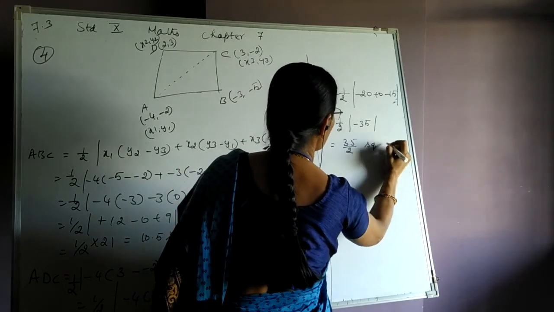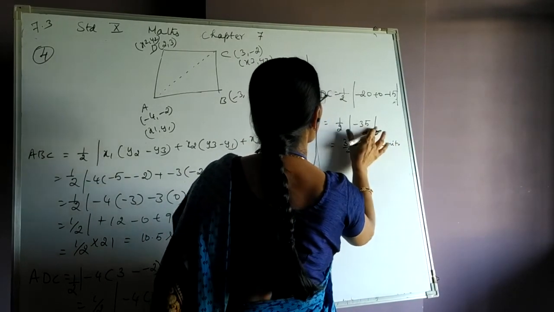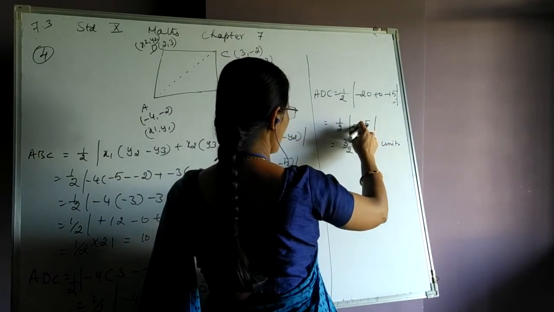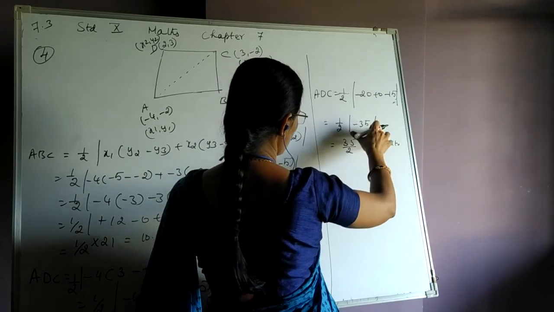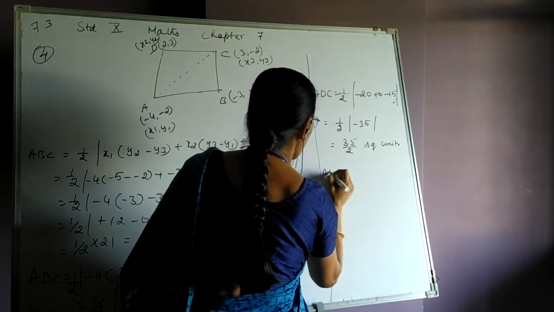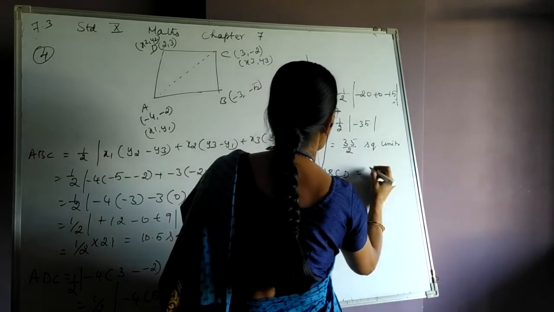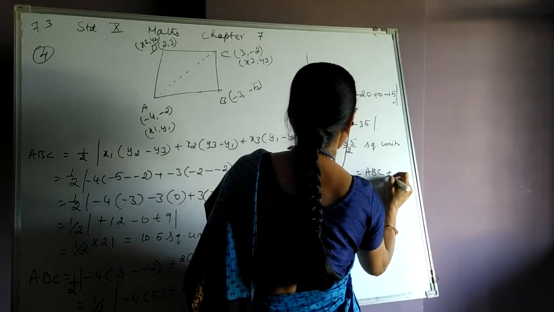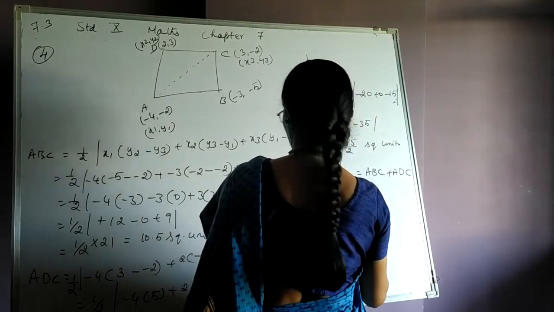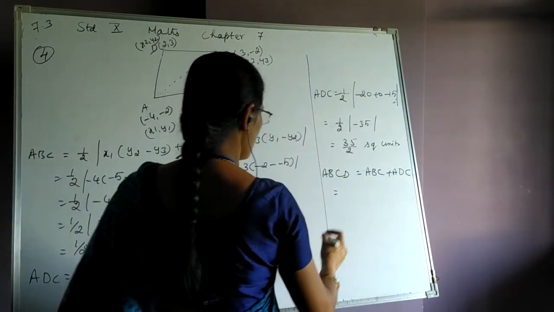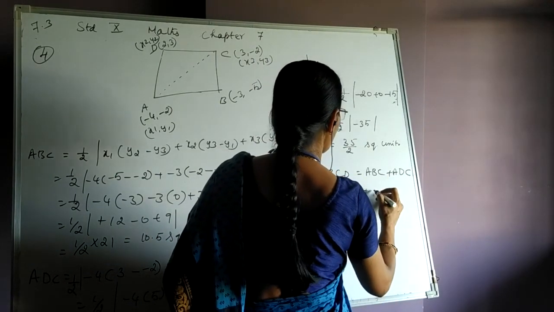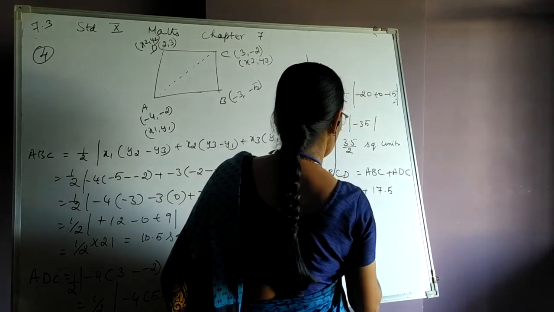which is equal to half of minus 4 times 3 plus 2, 5, it is 2 times minus 2 plus 2 becomes 0, 3 into minus 5. So we are getting the area of triangle ADC, it is half within the modulus minus 20 plus 0 minus 15.